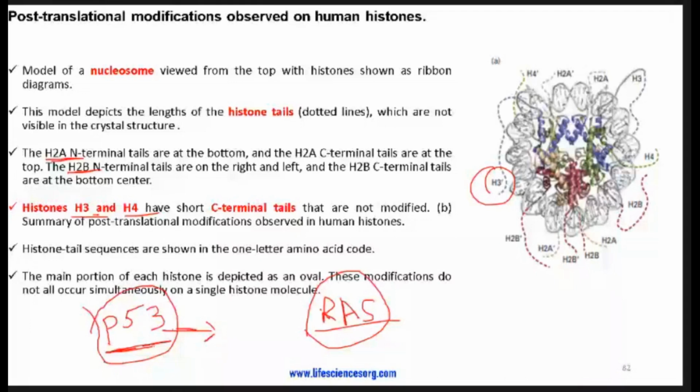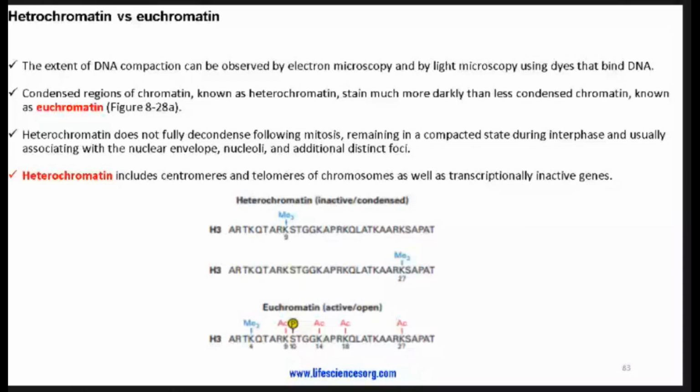If we talk about DNA methylation, DNA methylation decreases the transcription. In some of the cases, the tumor suppressor genes have higher methylation.